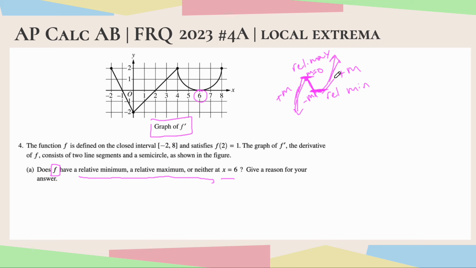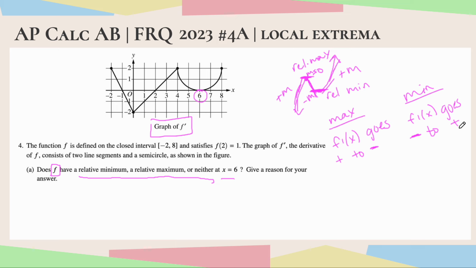So a way of summarizing that is, to find a relative max, f prime of x goes from positive to negative. For a relative min, f prime of x goes from negative to positive.